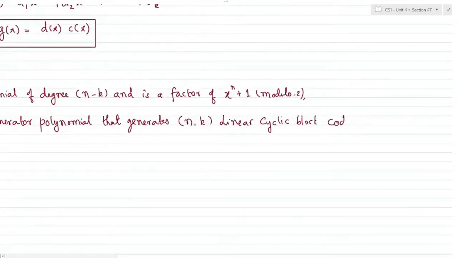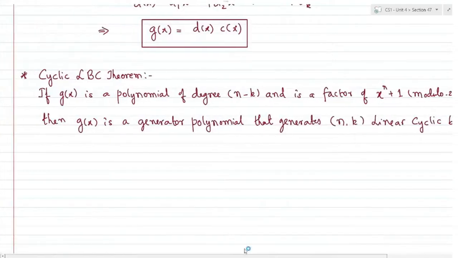Okay, I repeat this statement. G of x, as we have seen earlier, is a polynomial of degree n minus k, which is obtained by multiplying the code word with the input data word. The code word had a polynomial of degree n minus 1, and the data word has a polynomial of degree k minus 1, and hence their product will be obviously of degree n minus k.